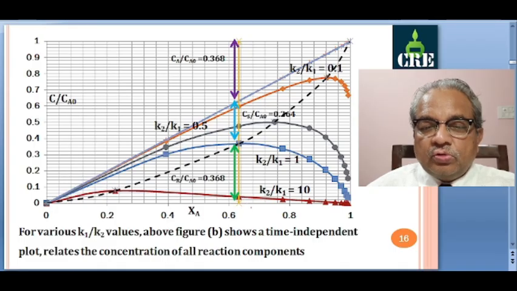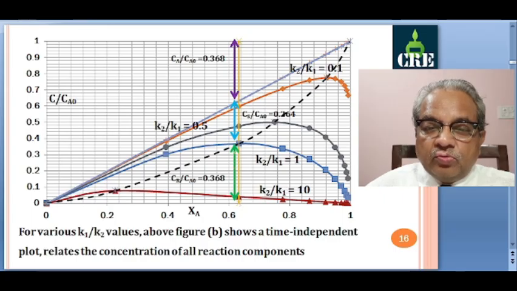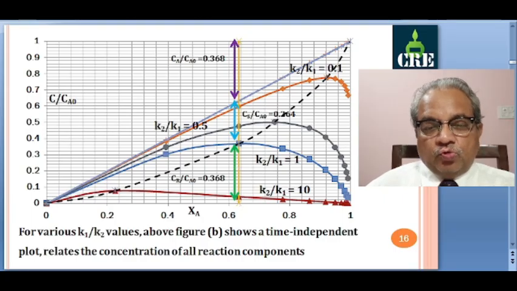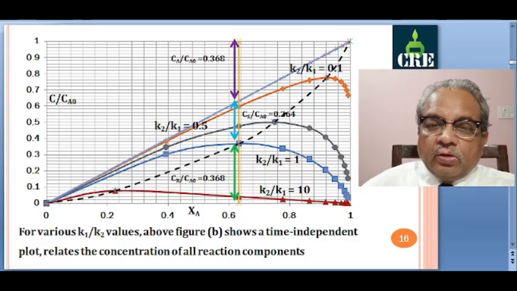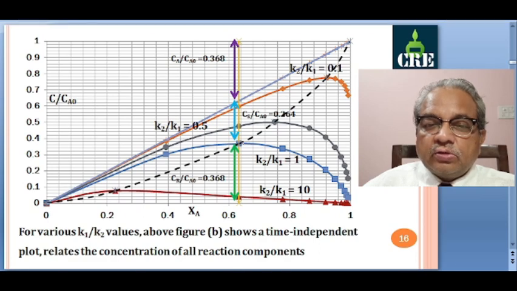I have taken this value, this cut at 0.632, because for that this value K2 by K1 is equal to 1.